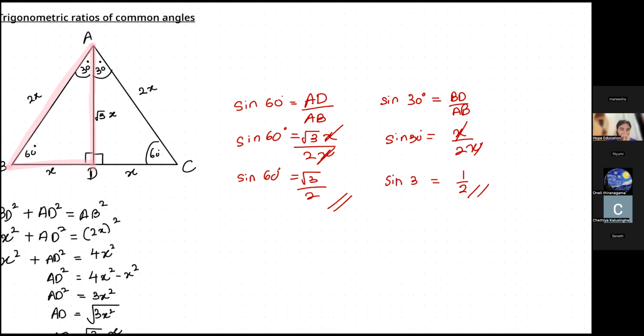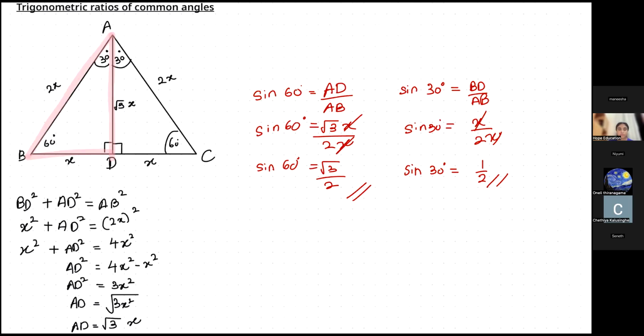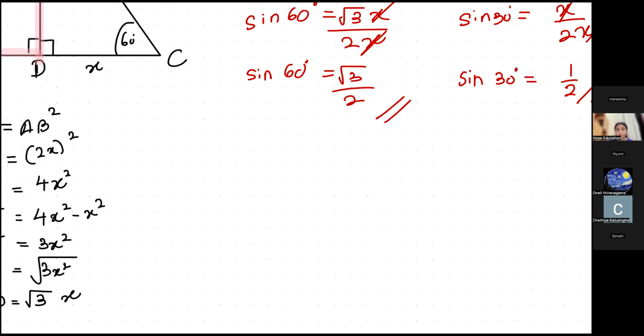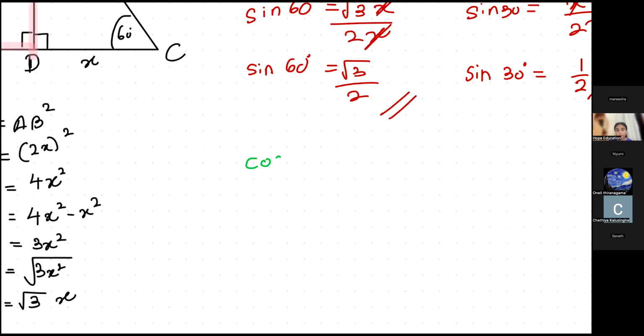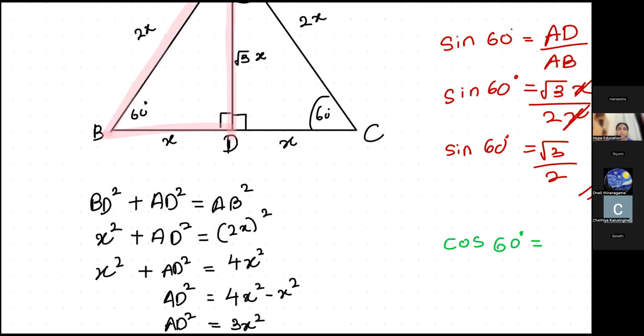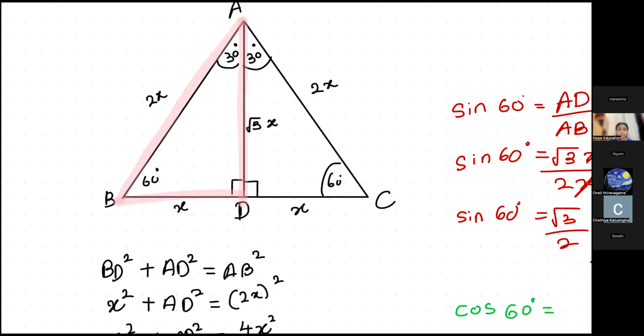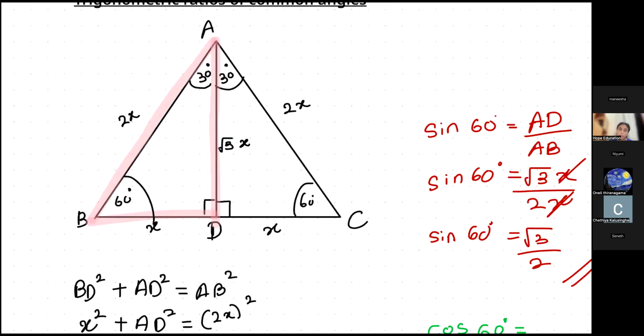Okay. Then let's look at cos. I will use a different color for that. Let's look at 60 first. This is my 60-degree angle. Cos means adjacent side over hypotenuse. What is the adjacent side? BD, hypotenuse is AB.